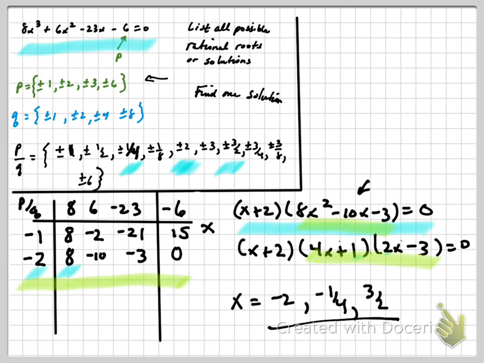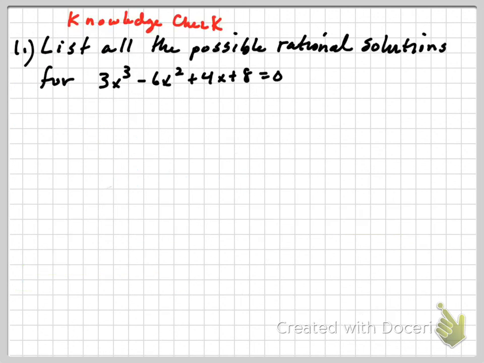We'll do more examples of that in our Zoom session, I'm sure. So what I'd like you to do for your knowledge check is tell me all the possible rational solutions. So when I see your work, you're going to have to show me P, Q, and P over Q. Those are the 3 things you're going to need to tell me with all of the possibilities.